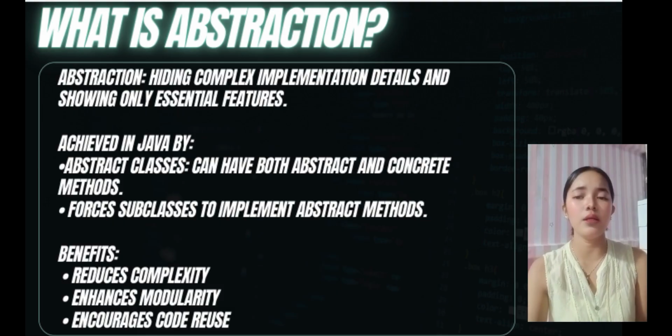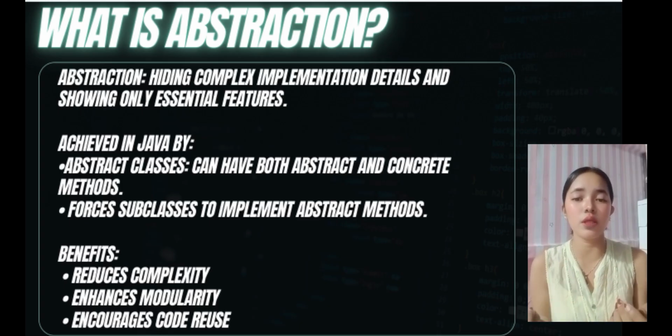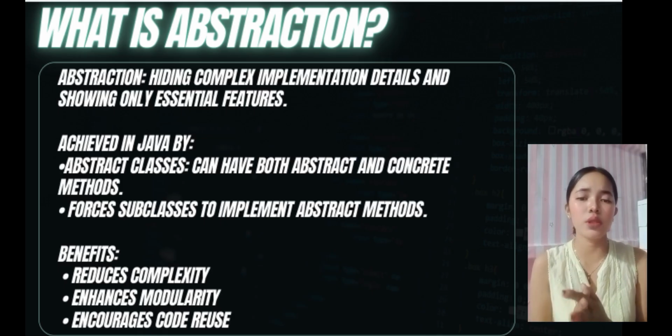In Java, abstraction is achieved using abstract classes. Abstract classes have both abstract methods, with no code inside, to be implemented later by subclasses, and concrete methods, which have code inside. Then classes that extend an abstract class must implement its abstract methods.